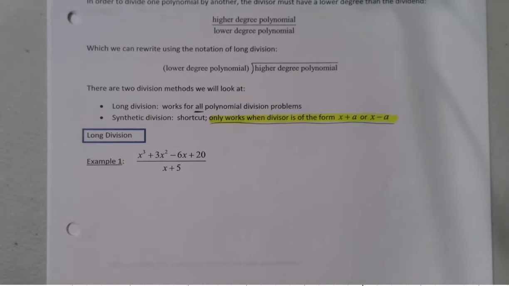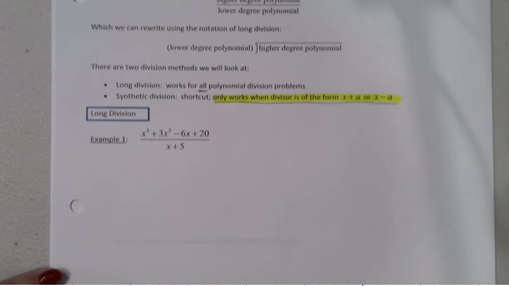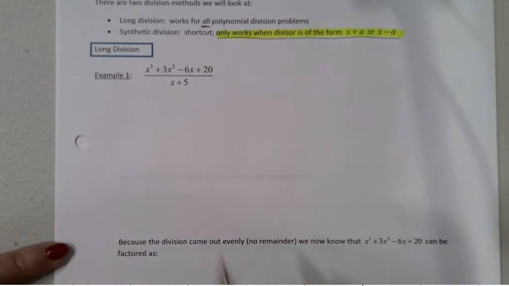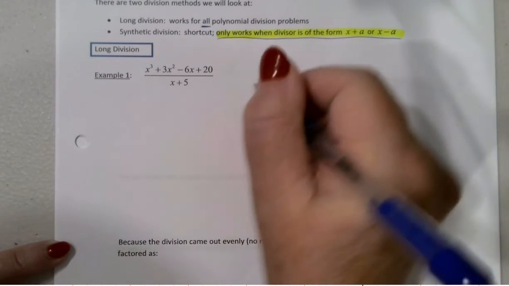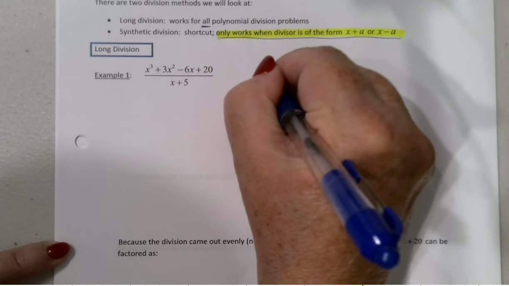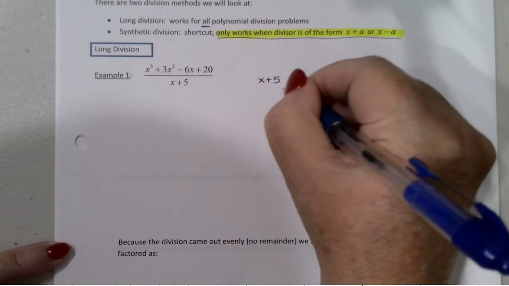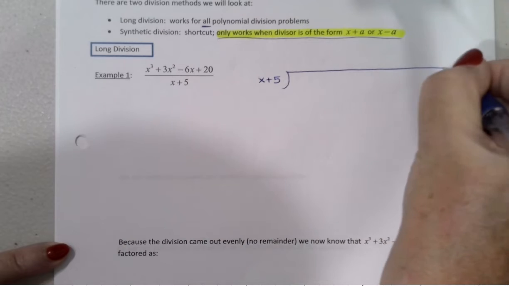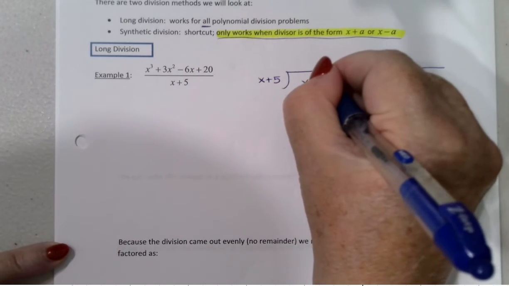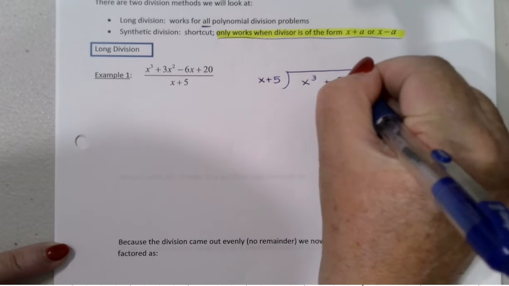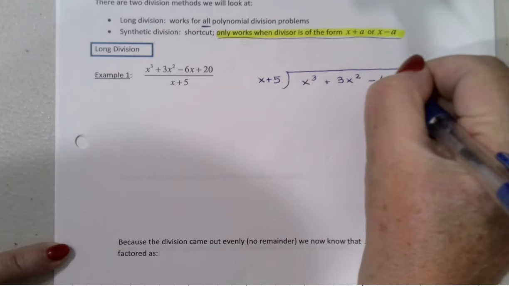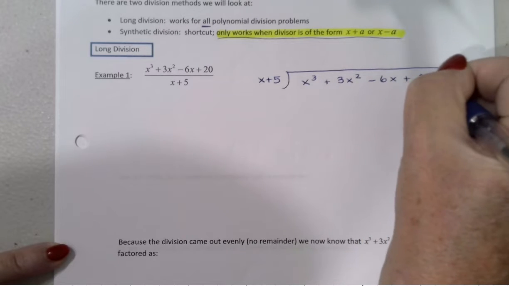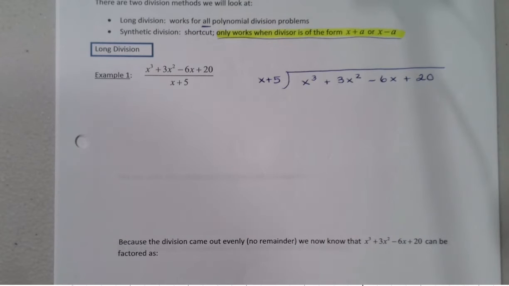All right, but we're going to start here with the long division. This works all the time. So I'm going to take my divisor, my x plus 5, and divide it into x cubed plus 3x squared minus 6x plus 20. When you divide, you always want to start by concentrating on just the first terms.